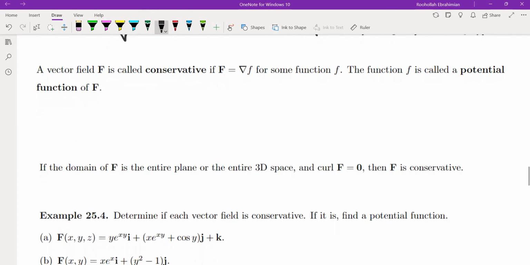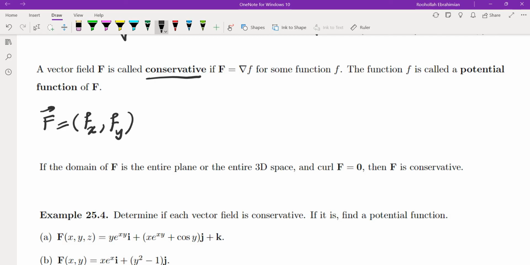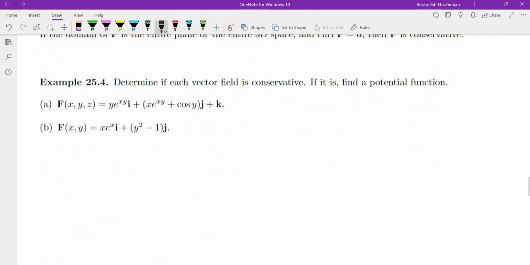Now these vector fields that are of the form gradient of a function are very important vector fields in math and science. These vector fields are called conservative vector fields, and the function f is called a potential function. So any vector field that is of the form f sub x, f sub y, f sub z is called a conservative vector field.